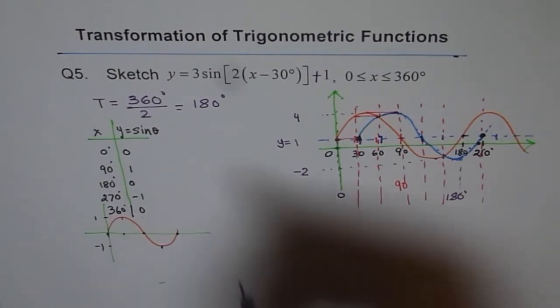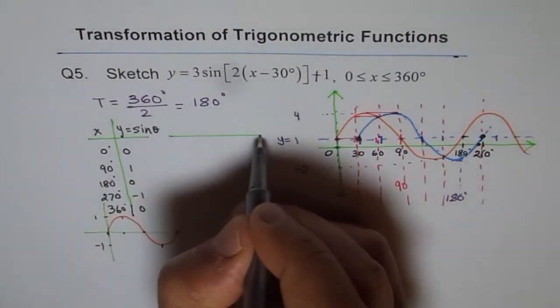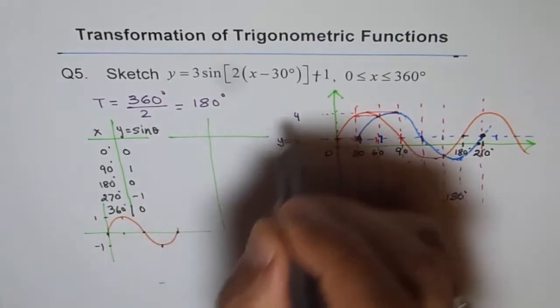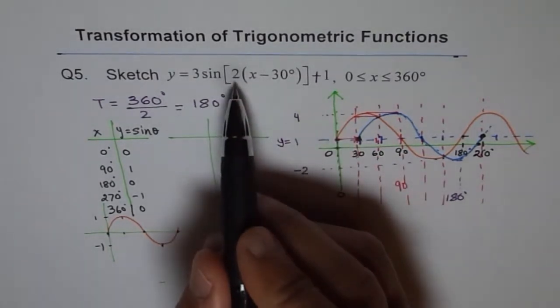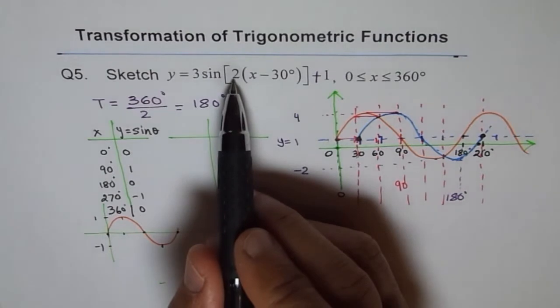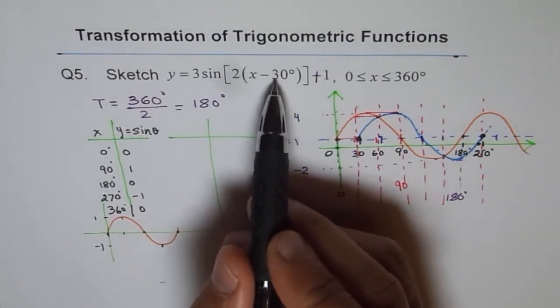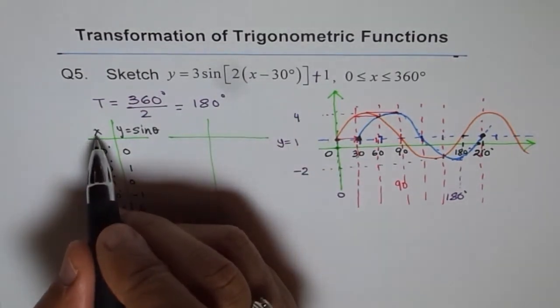Now the transformed function is this. We will see how the points get transformed. The knowledge of transformation helps us get the accurate points. The x values get divided by 2 and then you add 30 to them. This is my original x value.